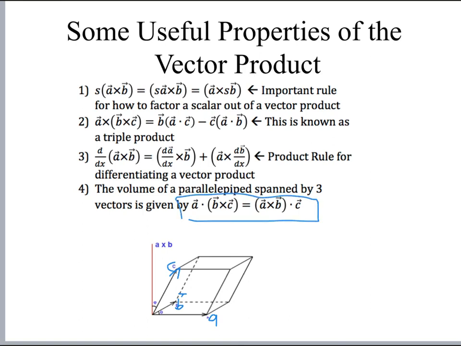This particular shape is called a parallelepiped. If you have a cube or an elongated cube, more like a three-dimensional rectangle, those are special cases of parallelepipeds. But this is the general idea of a parallelepiped. And this particular triple product will give you its volume, which is kind of cool.